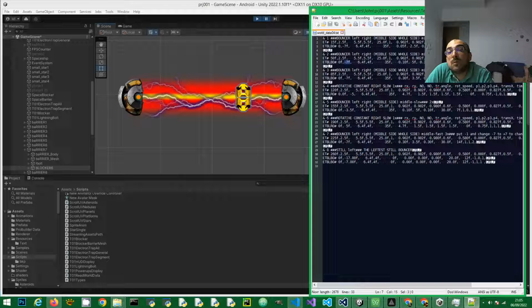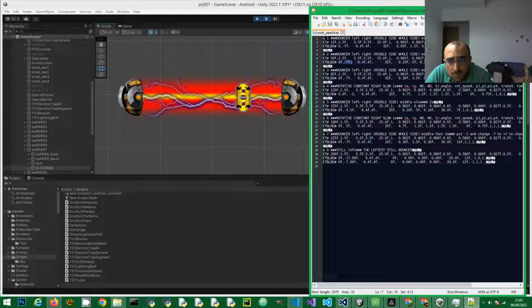Each and every one of them is at -7f. This one is centered. This one is -3.5f. This one is 5f. Basically, most of them are -7f, and I want to consider that 0f is the center of this barrier. So something's not going right with the initialization of the position of these blockers. We'll have to see why that is.